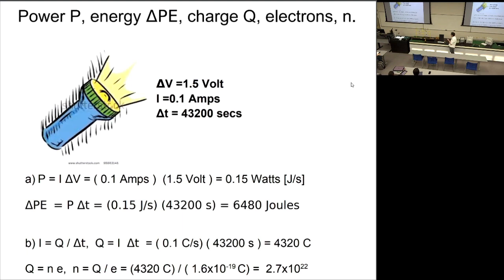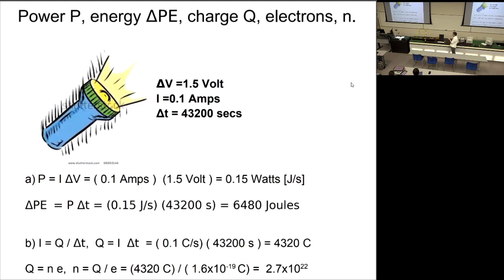Okay, so that's the question about the power and the energy, and it was easy to get knowing the current and the voltage of the battery. The second part of the problem was how much charge flowed around the circuit and how many electrons flowed around the circuit. That's also not hard to get from our picture of what current is in terms of charges flowing. If we want the charge that flowed around the circuit, just take the definition of current.